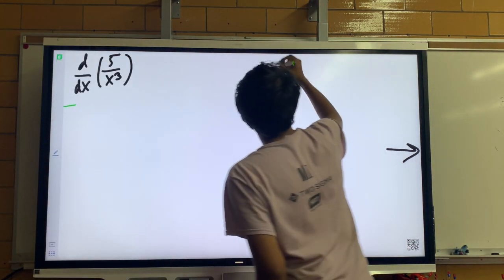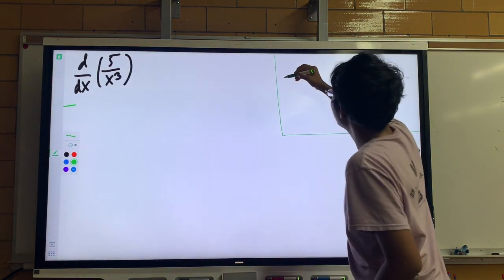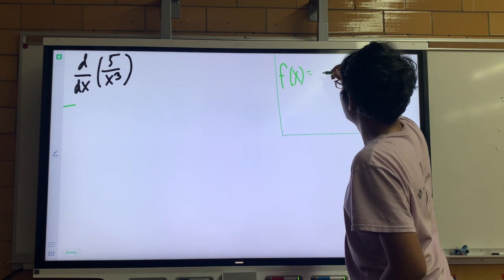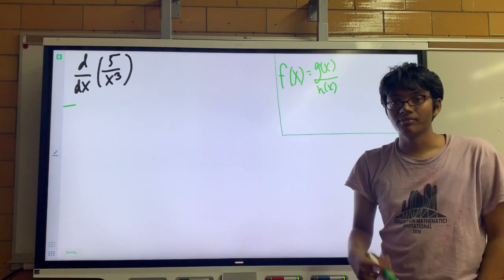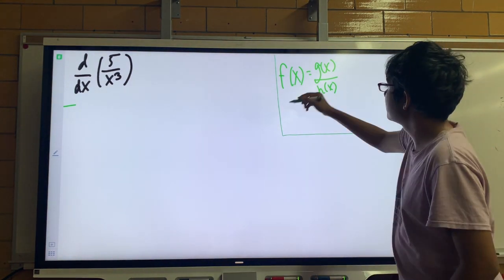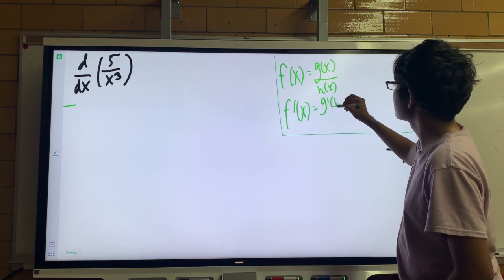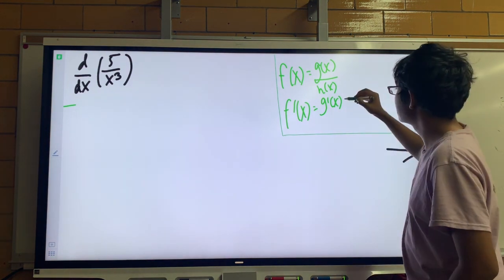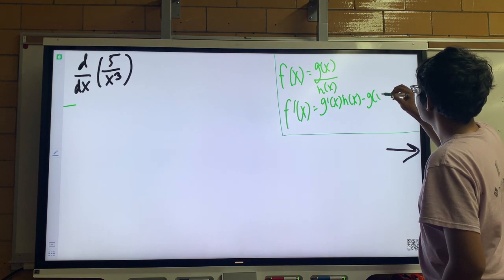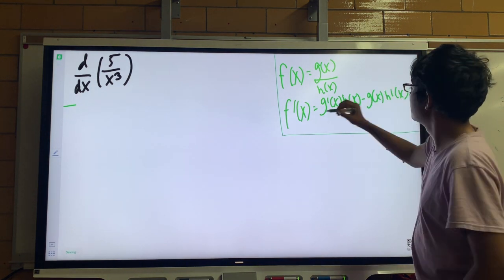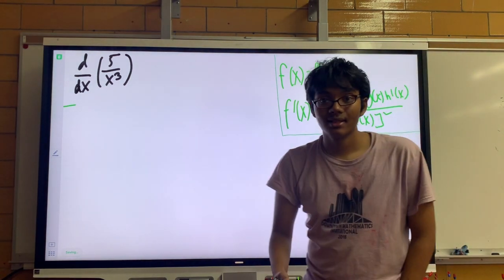Now recall that the quotient rule states that if I have a function f of x, which is the quotient of two polynomials, let's call them g of x and h of x, then the derivative of my function f of x is going to be the derivative of the top times the bottom minus the top times the derivative of the bottom, all over bottom squared. And you saw that in my last video.